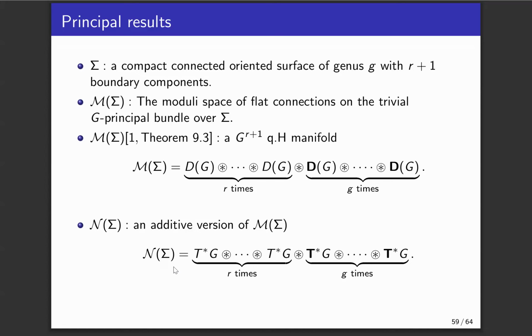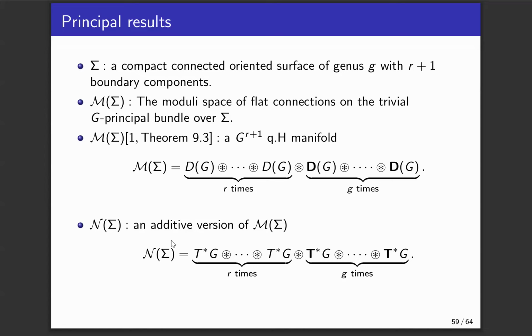We define a gauge group that acts on this space of Lax-Kirchhoff equations. Then if we consider the moduli space of solutions of the Lax-Kirchhoff equations, this moduli space is a smooth symplectic manifold, which is isomorphic to this product. So it's a geometric interpretation of this additive version of the moduli space of G-flat connections over sigma.